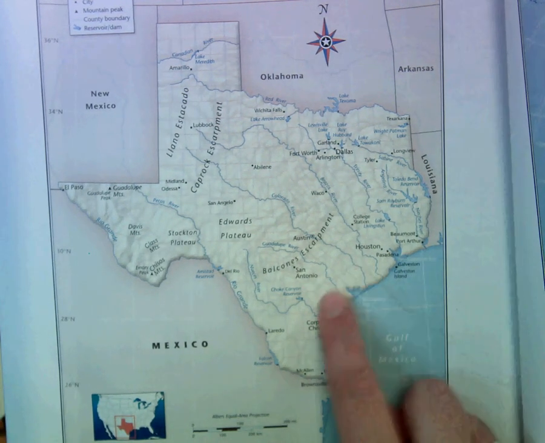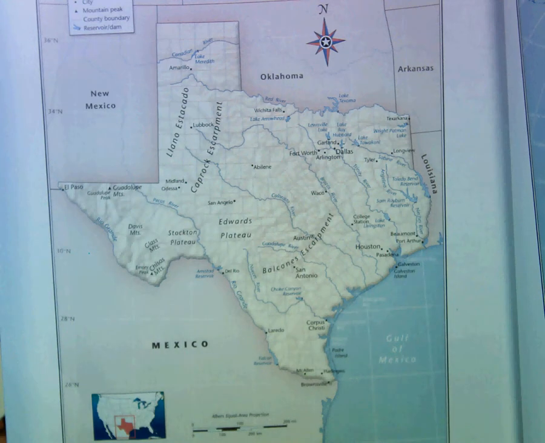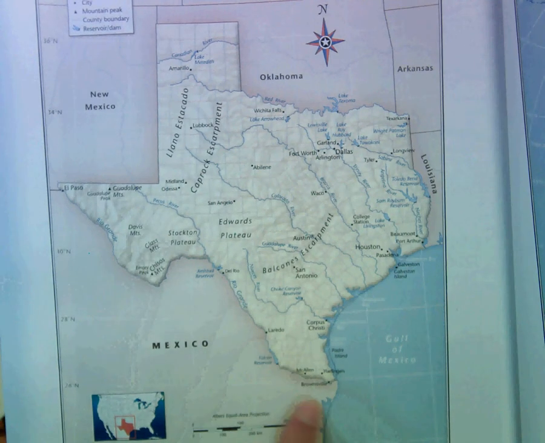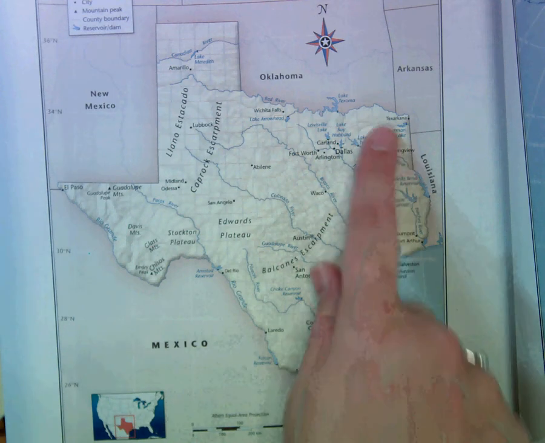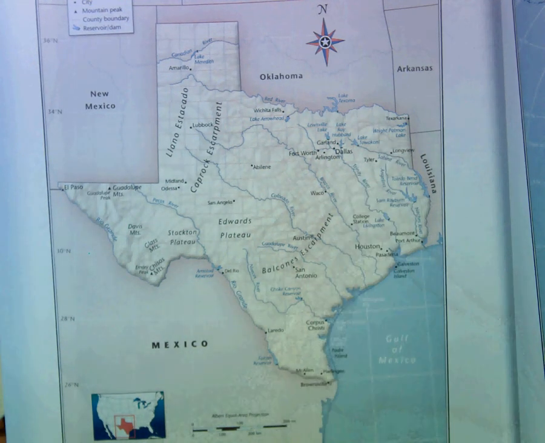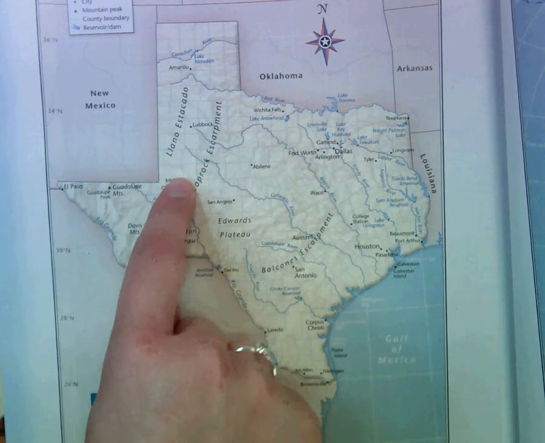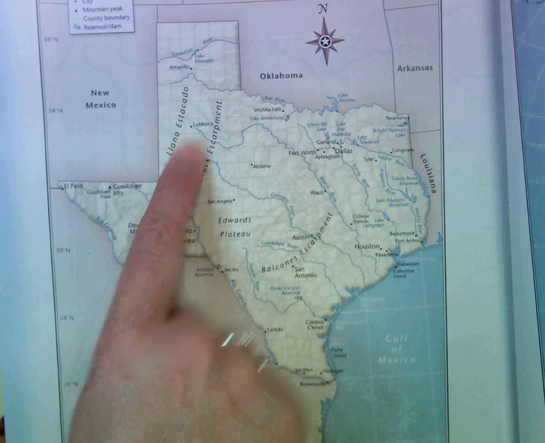What areas are they going to bunch around? The Rio Grande, maybe? What else? Why by Louisiana? What's over here that's good? Very good. There's water and rivers. Why would people not settle over here? There's no water here.